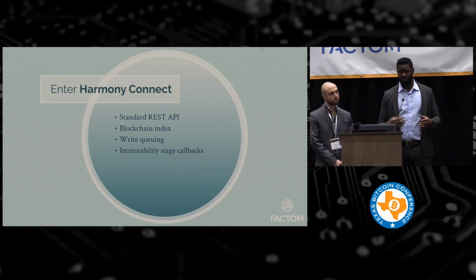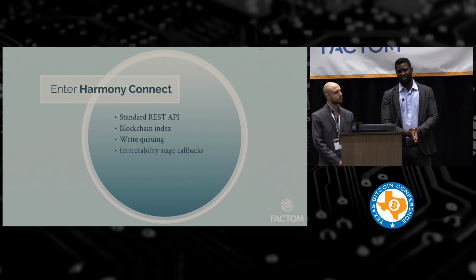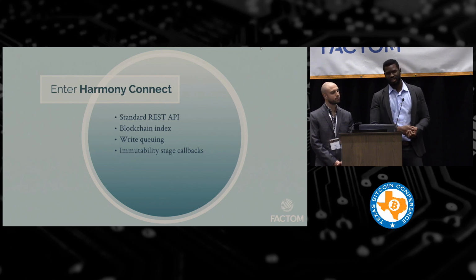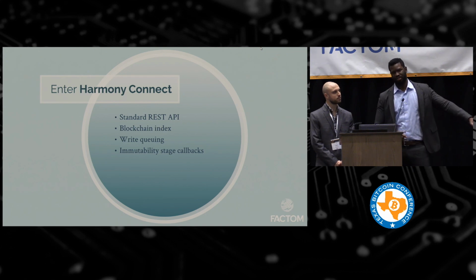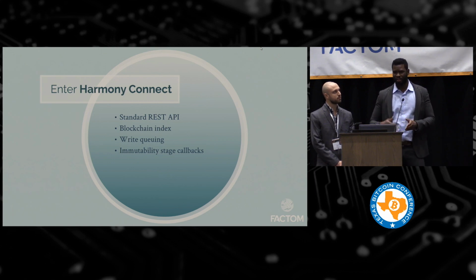If the entire community has a lot more data trying to get into the blockchain than it can handle, a spike in the volume of transactions for whatever reason, Harmony Connect is going to guarantee that whatever data you sent to the API is going to get written to the blockchain. Even if we need to queue it, it needs to wait in line, wait for a little bit of a lull to get through some of that data. Doesn't matter. It's going to get through.